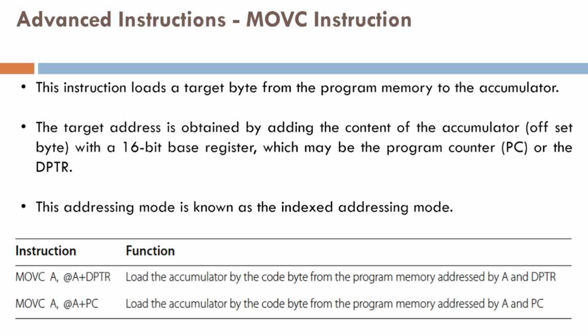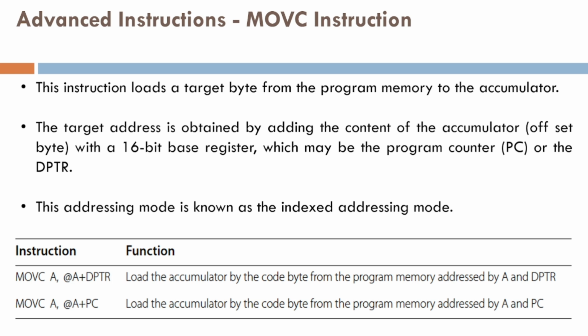But in this instruction, MOVC A, @A+DPTR, the content of the accumulator is added to the content of the DPTR, the data pointer register, and the 16-bit result that we get will be the address of that target byte.